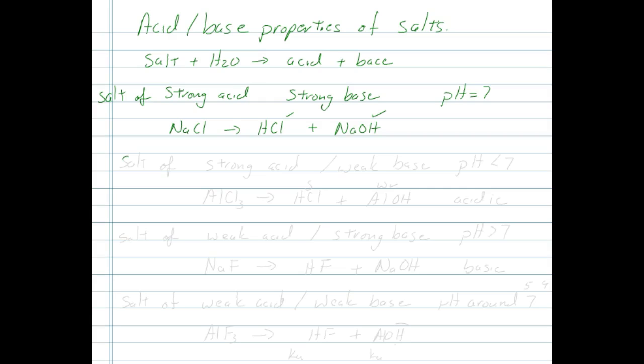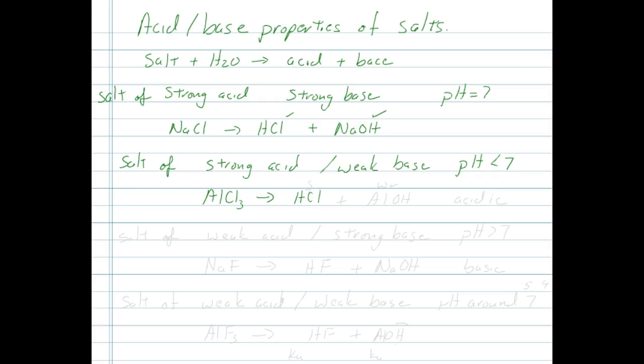If you have a salt of a strong acid, weak base, the pH is going to be less than 7. For example, AlCl3. Stick an H in front of the Cl, so it's HCl.